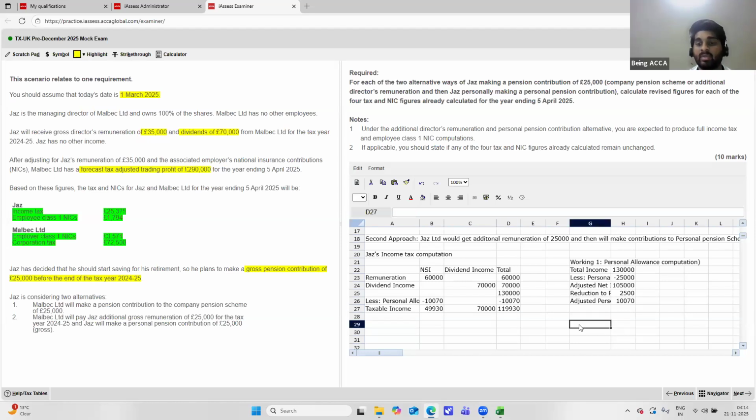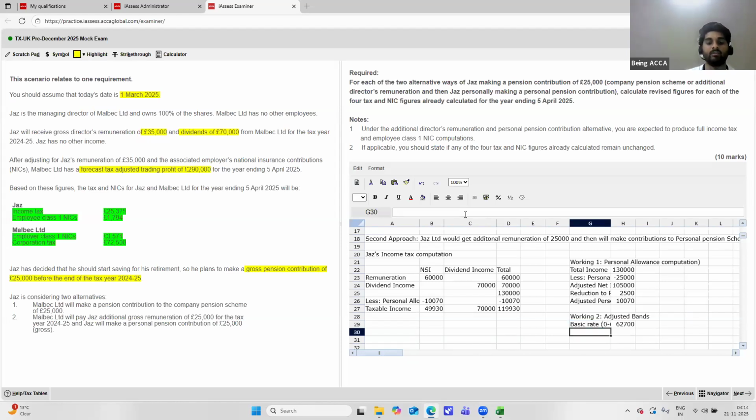So now at working two, adjusted, the basic rate will go from 0 to 37,700 plus 25,000, which means the basic rate band would now be 0 to 62,700.